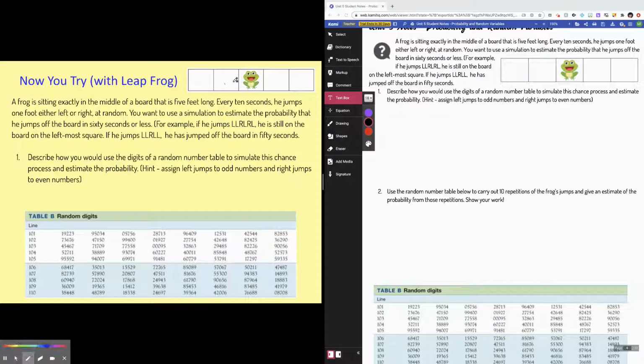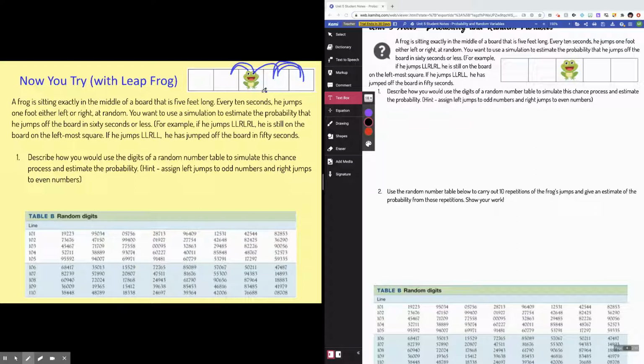For example, if he jumped left, left, left, right, that was 30 seconds. He made 3 jumps, 30 seconds, and he's off the board. But if he jumped, let's say, left, then right, so that's 20 seconds, then right again, 30 seconds, right again, 40 seconds, and then he jumped left, 50 seconds, and then right again, that's 60 seconds, and he's still on the board.